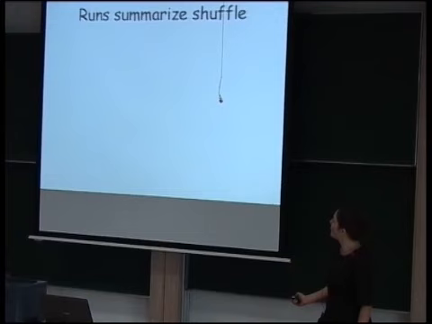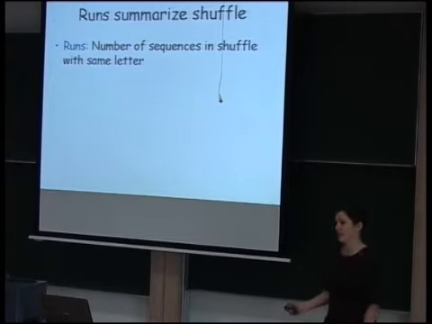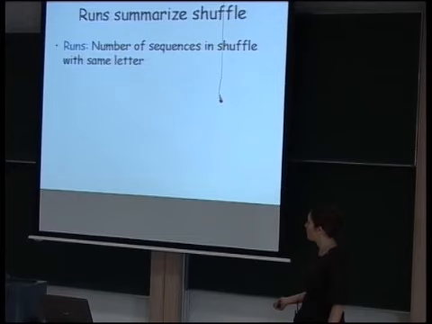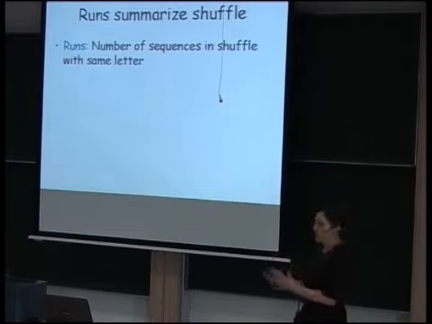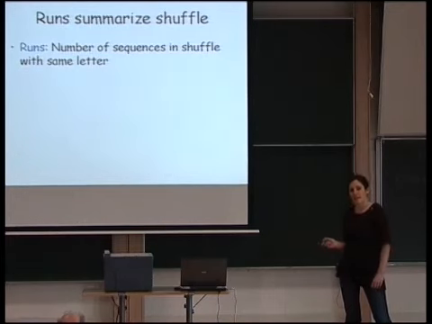So how can we summarize this shuffle information? We chose to use the run statistic. The run statistic is nothing we came up with, we just used it from statistics. It's a popular statistic, and what it does, it takes a shuffle and looks at the number of sequences with the same letter, and the number of sequences with the same letter would be the runs.